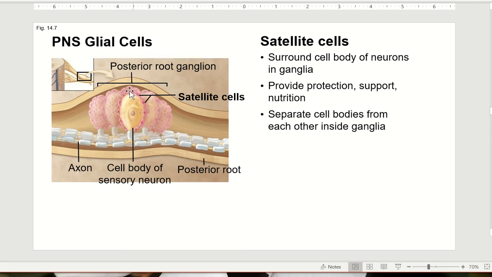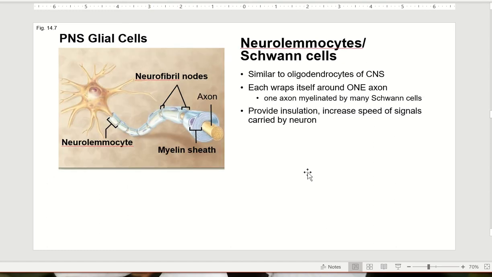The signals come into these cell bodies to be integrated, and the satellite cells insulate the cells from each other, but also provide some support and communication. Then the signals go from the cell body back out. So these satellite cells support these cell bodies, just like the satellite cells in muscle tissue do.